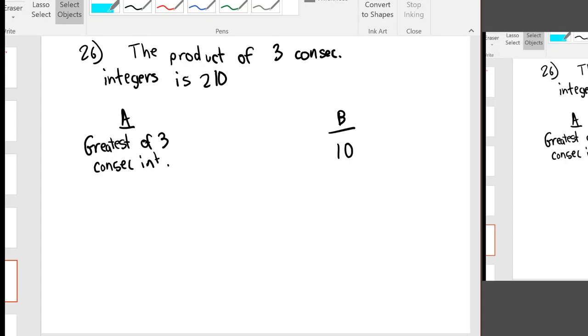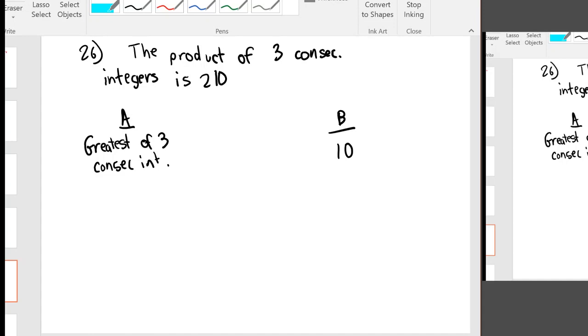All right, number 26. The product of three consecutive integers is 210. The greatest of the three consecutive integers versus 10. Okay, you could sit here and make an equation, or you could use the problem to help you out.